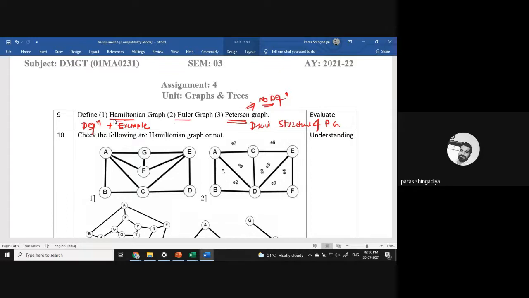Can anyone explain what is the meaning of Hamiltonian graph? What is the definition of Hamiltonian graph? Rohit, what is the definition?